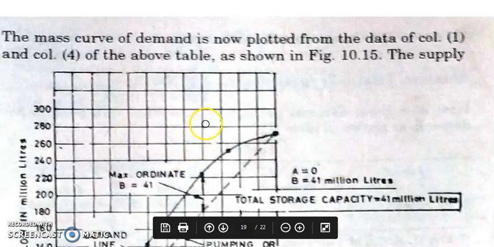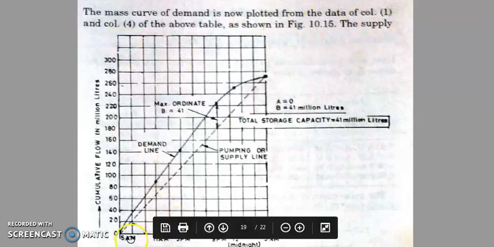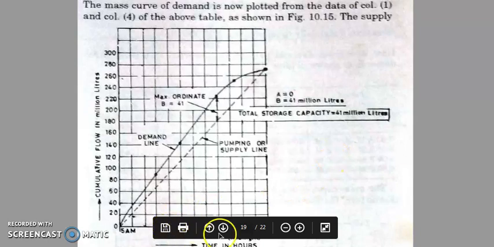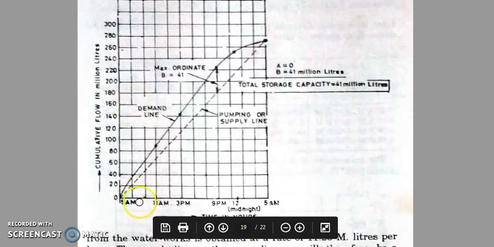Now the mass curve of demand is plotted for the data of column number 1, that is the x-axis, the time, and column 4, the cumulative demand. The y-axis is the cumulative flow in million liters, and the x-axis is the time.